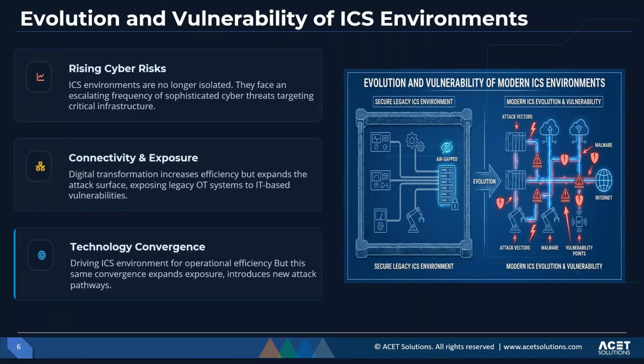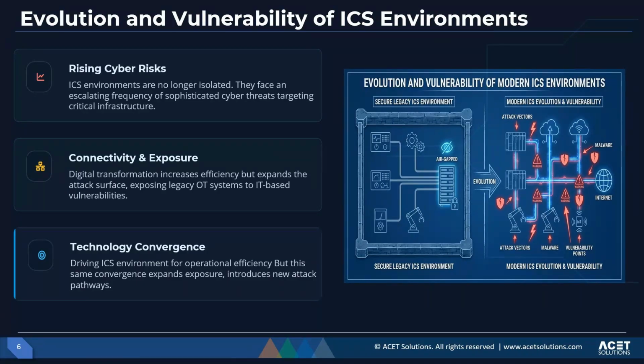Originally, these systems were engineered with a clear priority: reliability, stability, and uninterrupted operation. Cybersecurity was not a design requirement because ICS networks operated in physically isolated environments with minimal external exposure.